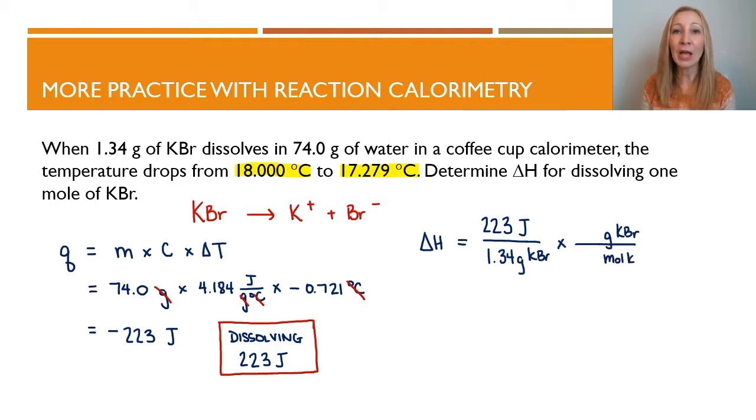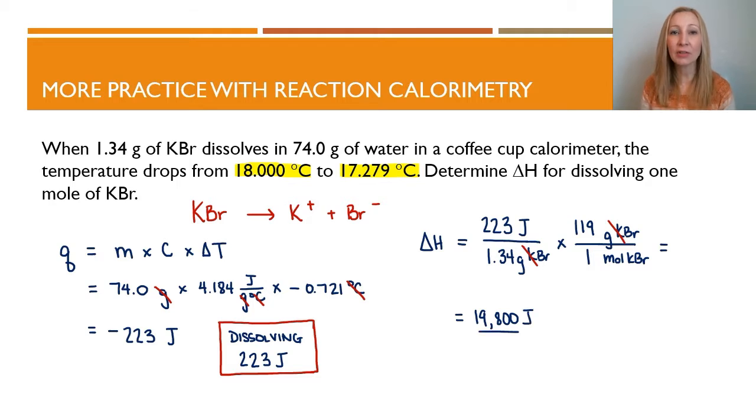1 mole of potassium bromide is equal to 119 grams of potassium bromide. So I'm going to take my 223 joules over grams of KBr, and my grams of KBr will cancel out, giving me 223 times 119, which equals 19,800 joules, and that's over moles, joules per mole.